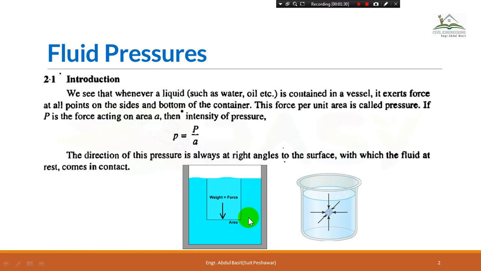In other words, if we have a cube placed in water, which is present in a container, then on all sides of the cube there will be some pressure exerted by the water on that perpendicular area.